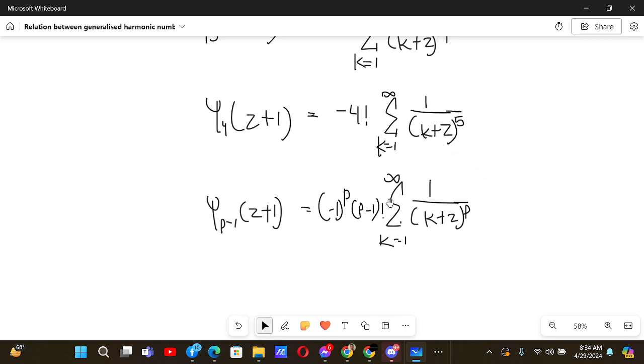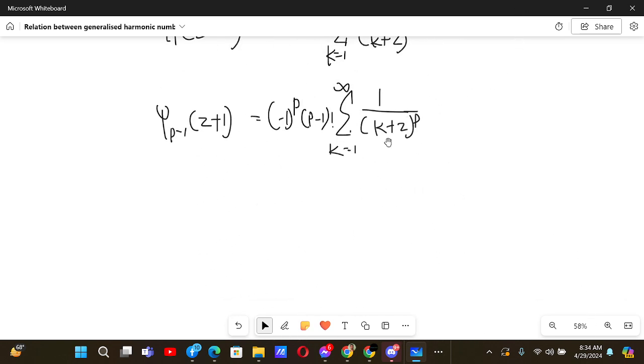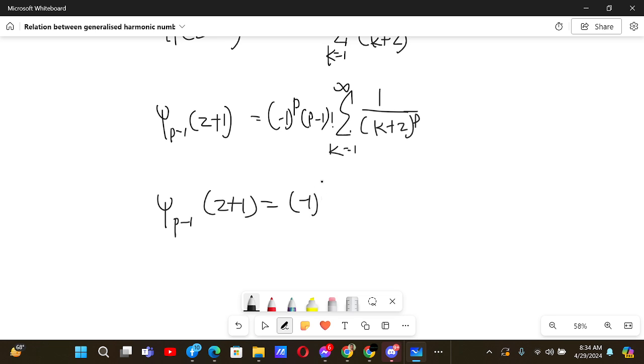Now we need to relate this to our generalized harmonic number. So how can we do that? Let me share how. Basically what we can do is manipulate that sum in the following way.